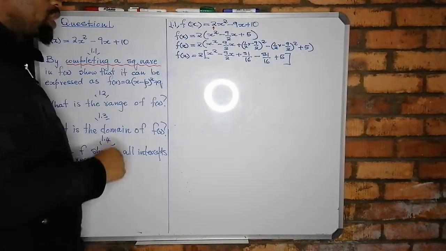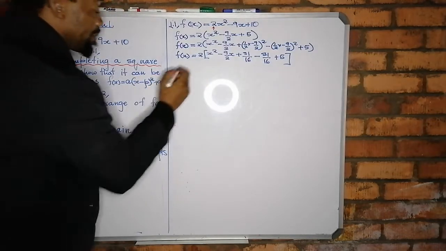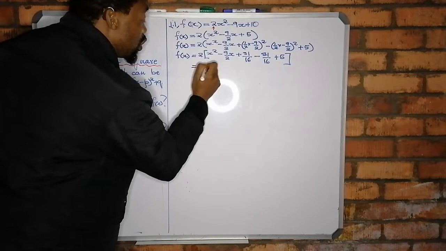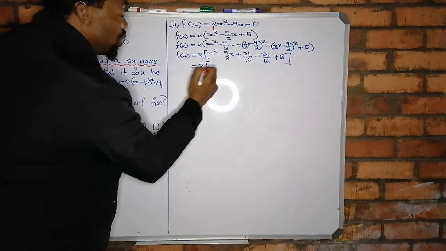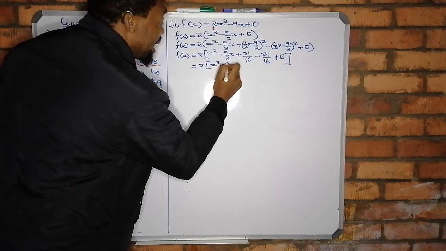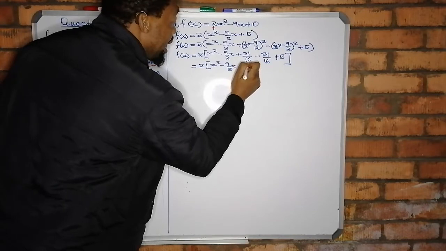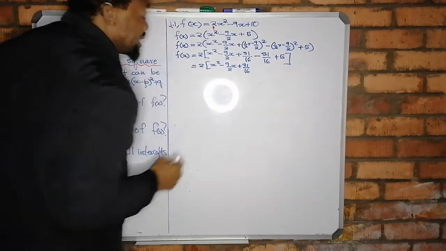All right, folks, let's continue. That now gives us 2 into x squared minus 9 divided by 2x plus 81 divided by 16.